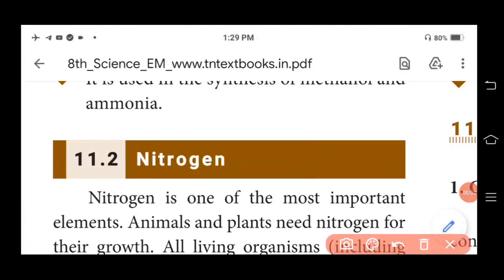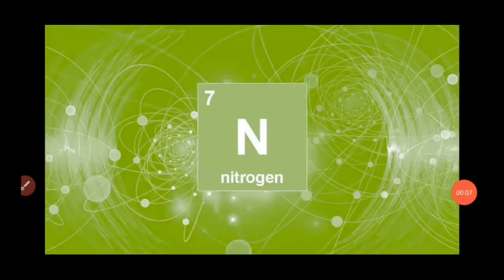Our second topic is 11.2 nitrogen. Students, nitrogen is one of the most important elements. Animals and plants need nitrogen for their growth, and also all living organisms, including us, contain nitrogen.